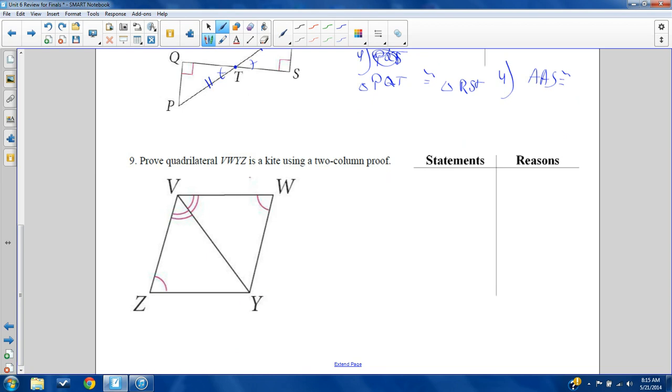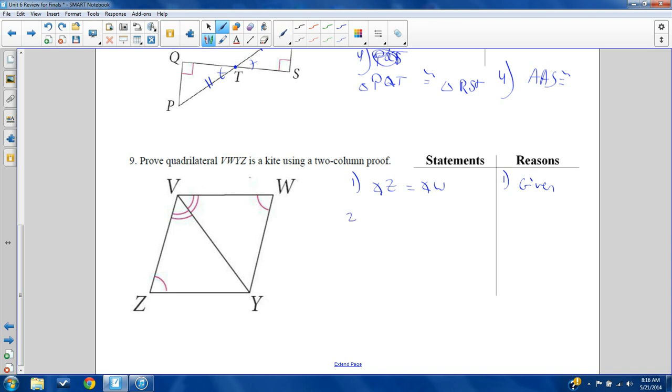Prove quadrilateral VWYZ is a kite using a 2-column proof. So again, this is one of those things where you have to prove triangles congruent first. When you do that, you can do a lot of exploration to prove that it's a kite. So I'm going to use what I'm given here. I know angle Z is congruent to angle W. Given.